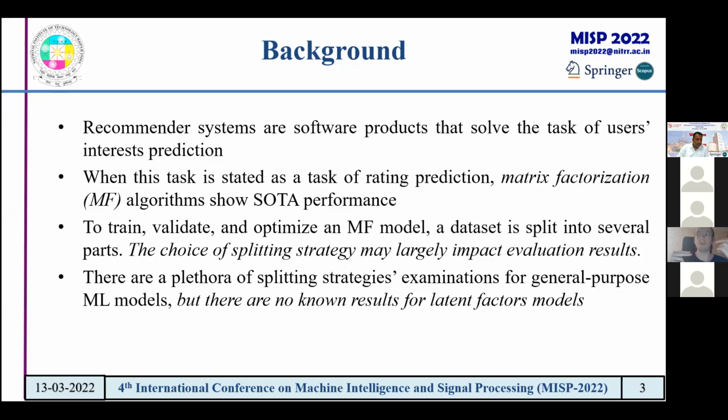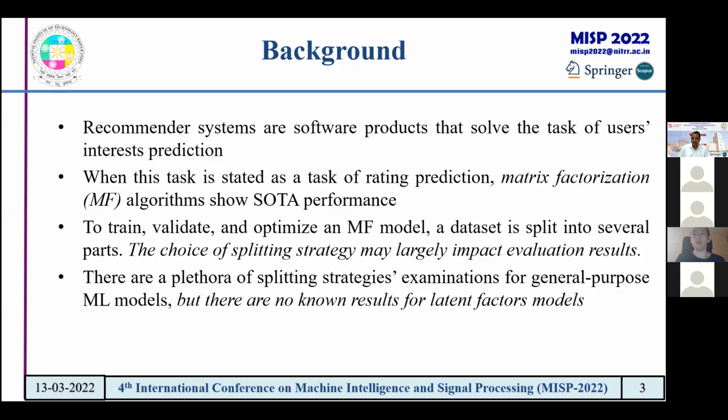There is a problem. Data splits distort the original distribution of points, so a model can learn inappropriate patterns or be poorly evaluated. There are several investigations devoted to this problem for machine learning models in common, but there are no known results for latent factor models.